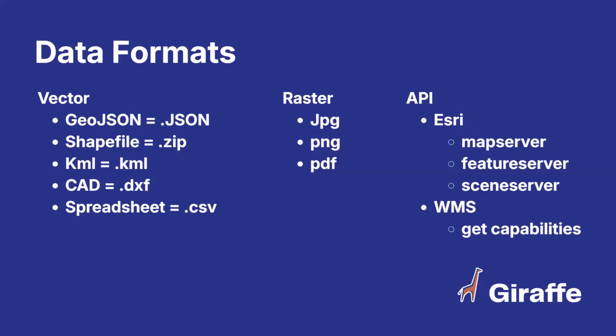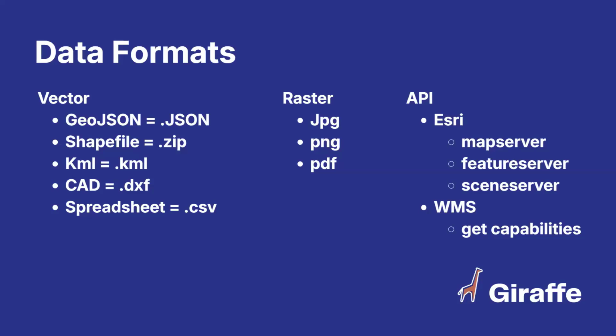Because when you create a layer in Giraffe from an API endpoint, it will automatically keep that data up to date for as long as that endpoint is being made available. So with a vector, it is a point in time. When you upload it, it is that version. And if you need to update the information, you'll need to re-upload a new one. Versus the APIs are always constantly being updated.